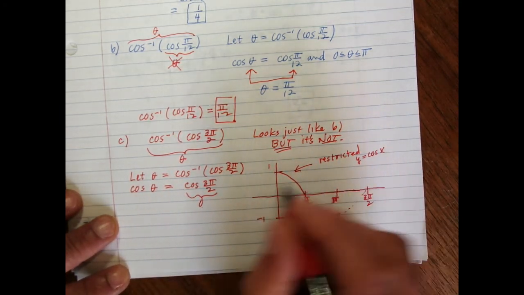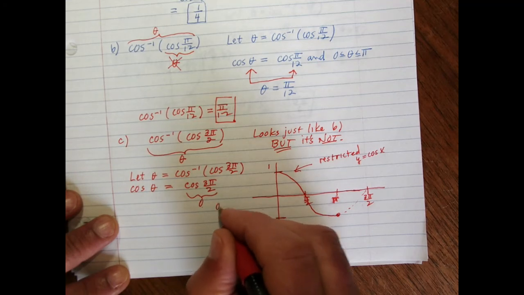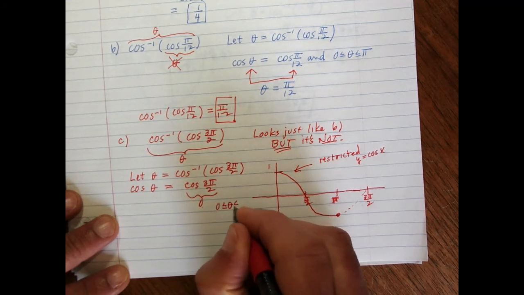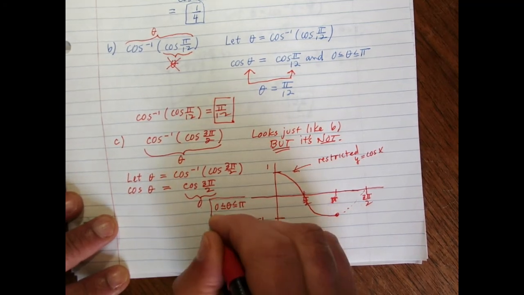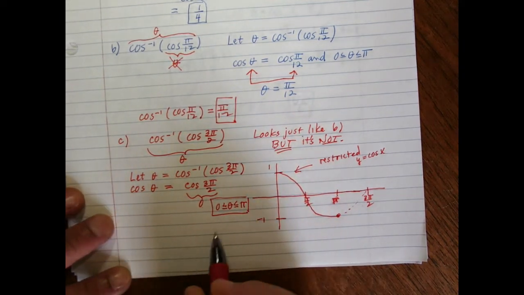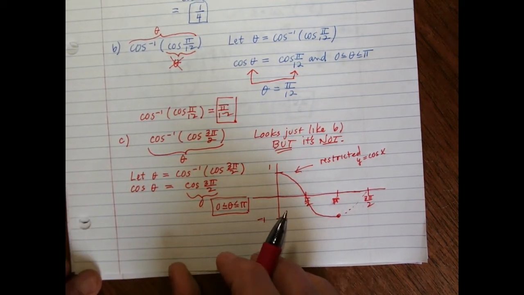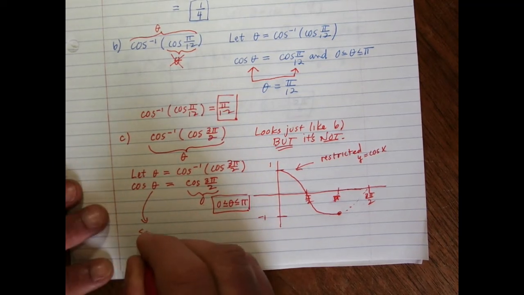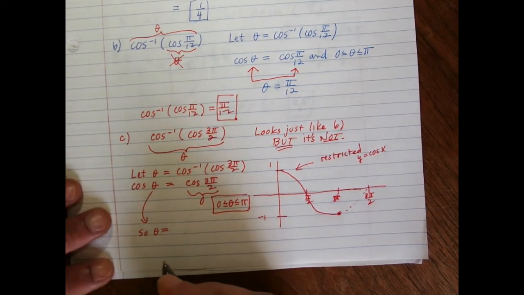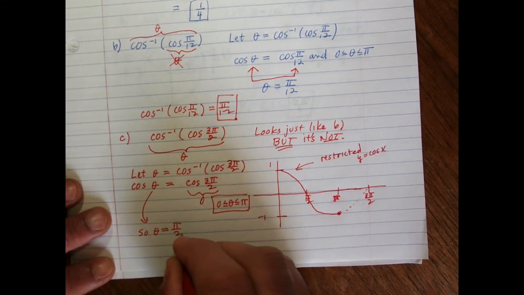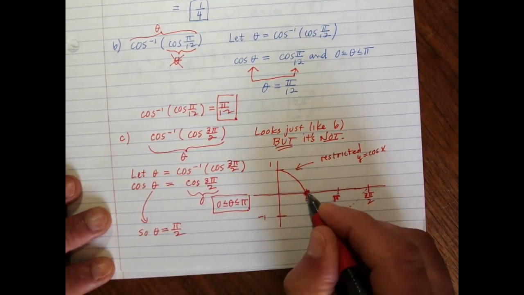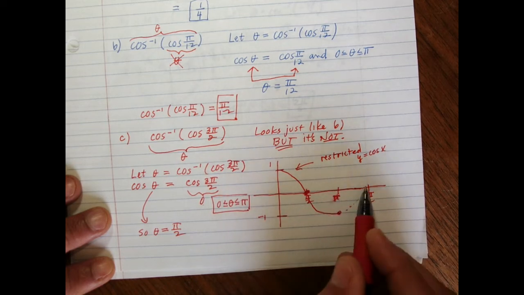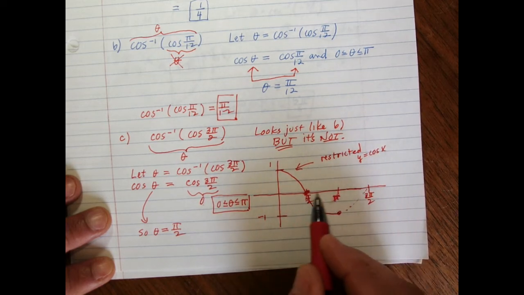So 0 less than or equal to theta less than or equal to pi. This condition has to be met by our answer. So theta equals pi over 2. Pi over 2 is where the cosine is 0. It's a point on the x-axis.